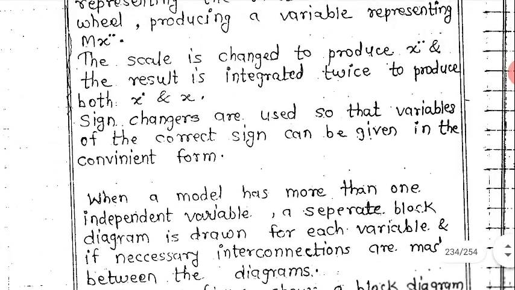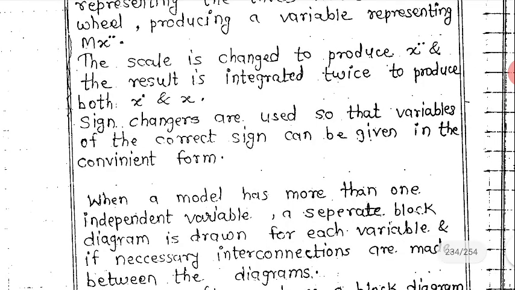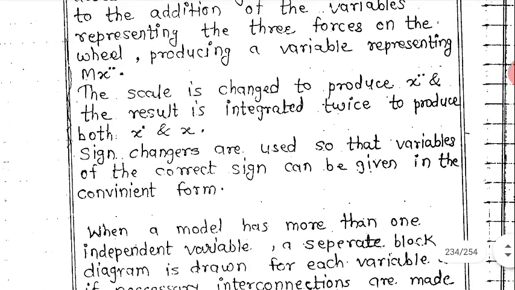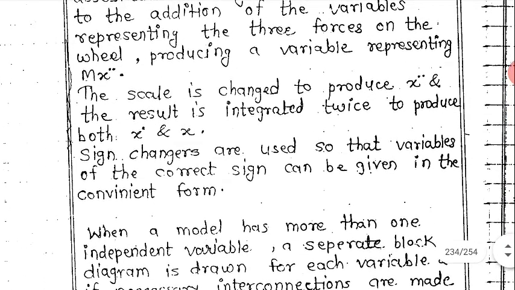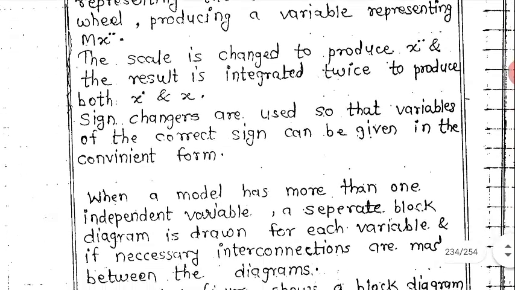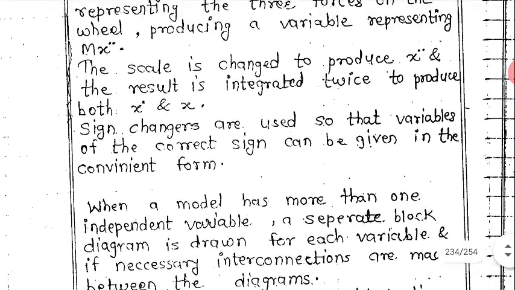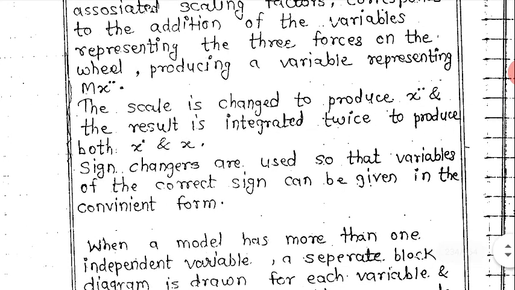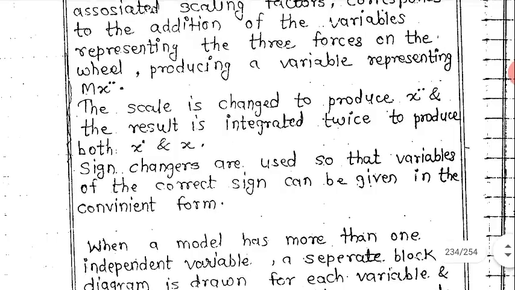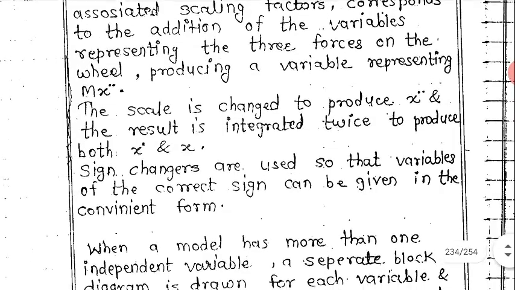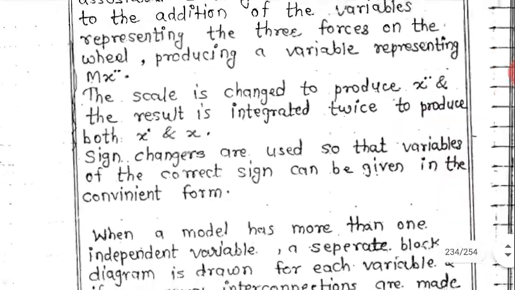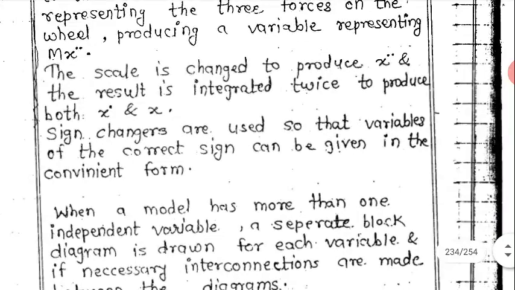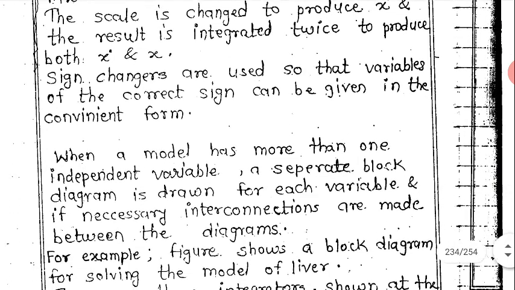Now the scale is changed to produce x double dot, and the result is integrated twice to produce both x dot and x, because by integrating x double dot we will get x dot, and again if we integrate x dot, then we will get x. Now sign changers are used so that variables of the correct sign can be given in a convenient form.